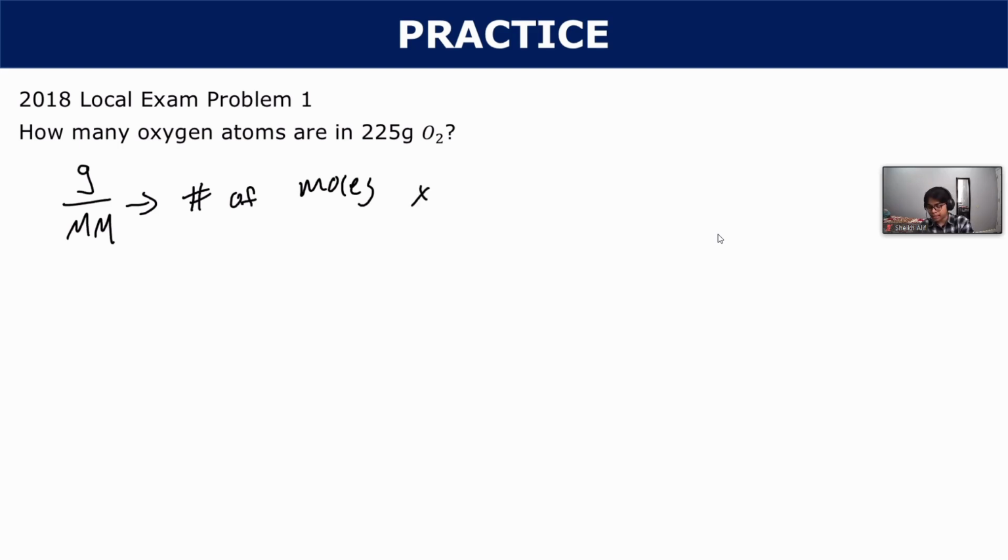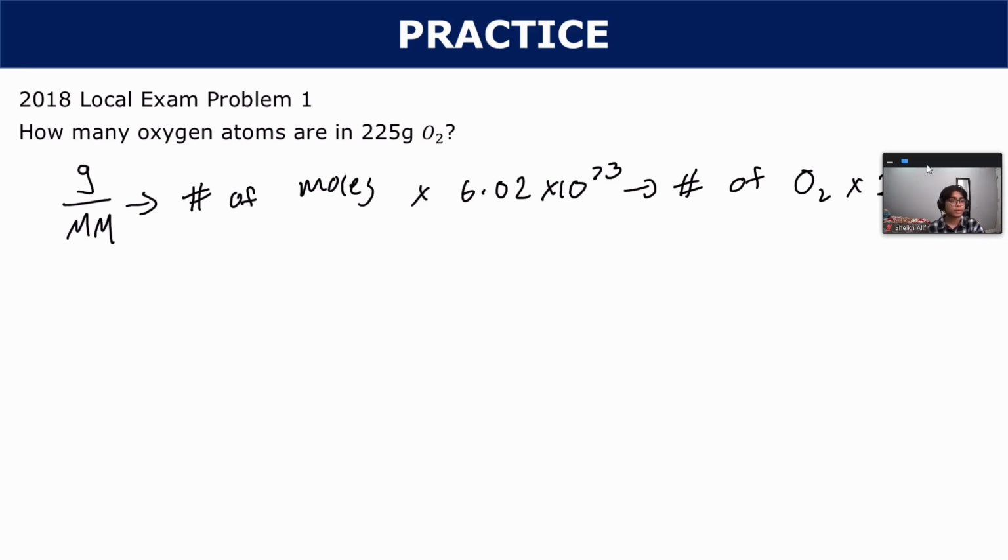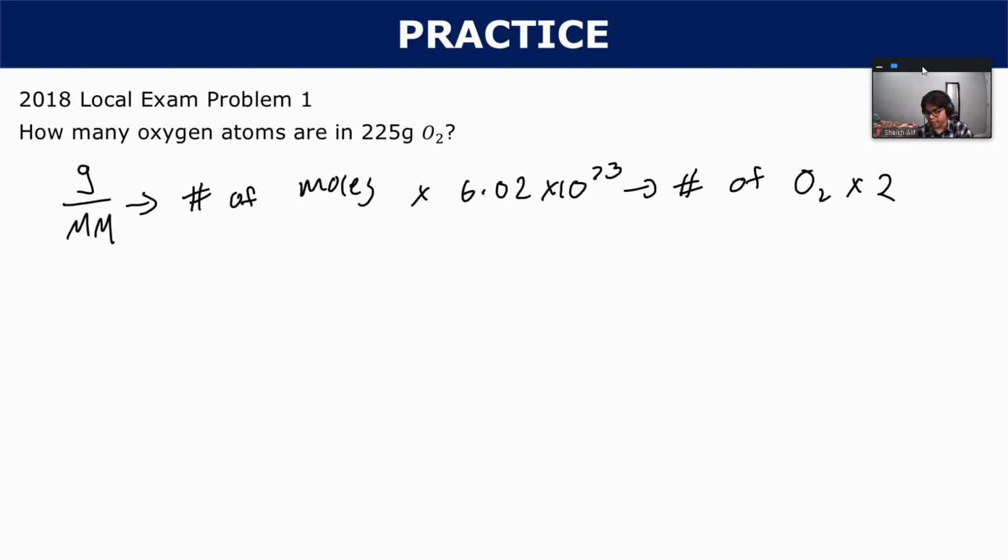If we multiply this number by 6.02 times 10 to the 23rd, we get the number of O2 molecules. Since the question asks how many oxygen atoms there are, we need to multiply by 2, because in one molecule of O2 we have 2 oxygen atoms. And so multiplying by 2 gives us our answer. Let's take this process and apply it.